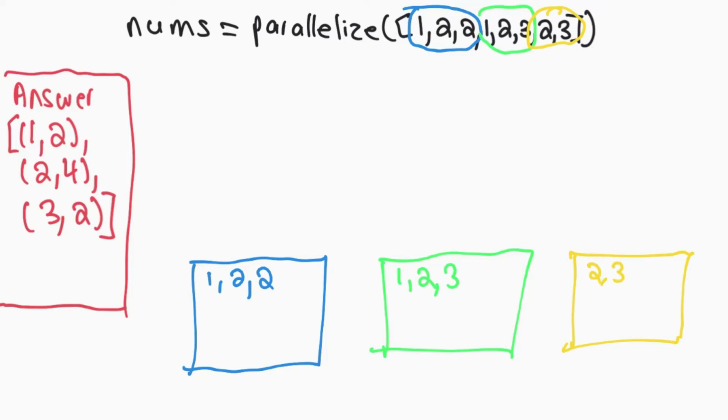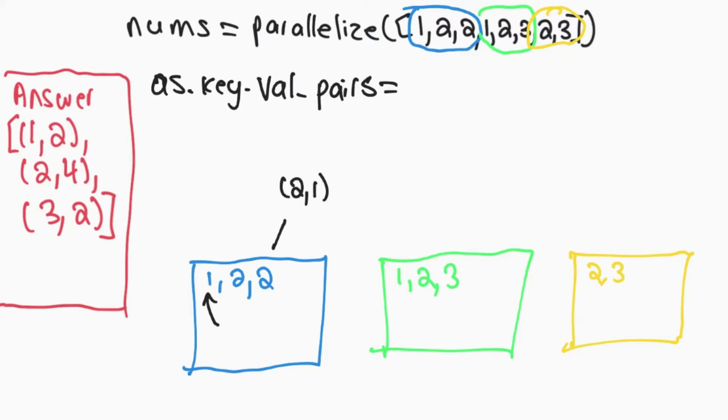Okay, the first thing we're going to do is apply a map, which we just learned about, as key val pairs, that's what I'm going to call this. So we're converting these elements to key value pairs, where the key is whatever it is, and the value is 1. So we're going to take each element like this one, and this would be 2, 1, and this would be 2, 1.